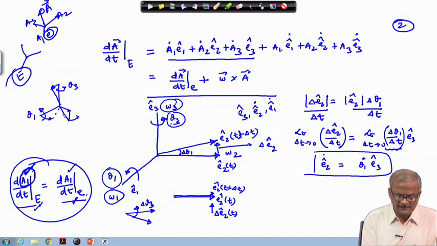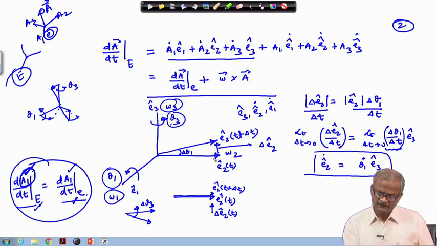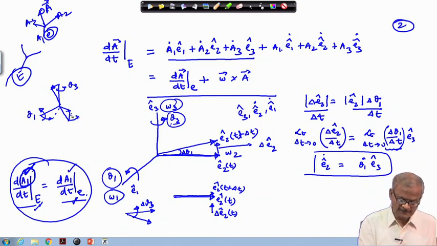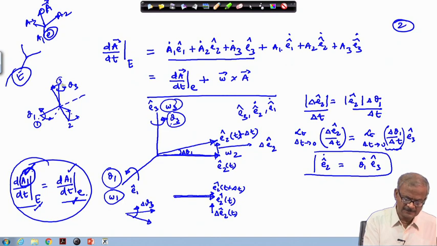So, you can see that we have another motion here because of this theta 3. For the motion of this particular axis, it will take place because of theta 1 and theta 3. This is the first direction, second direction, and this is the third direction.